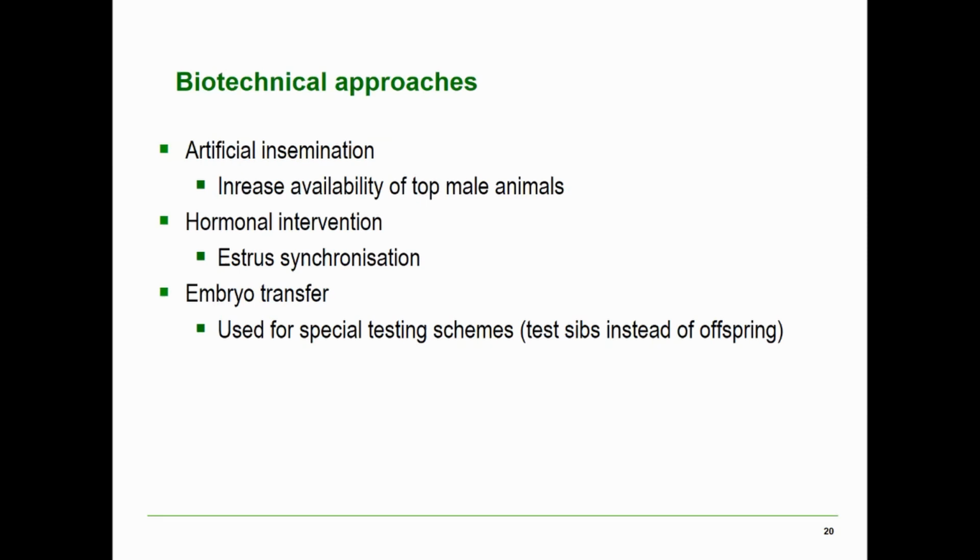In terms of females, there could be various interventions, like estrus synchronization, and connected to it, embryo transfer, meaning that we enable the top female animals to have much more offspring than they could have with natural mating.